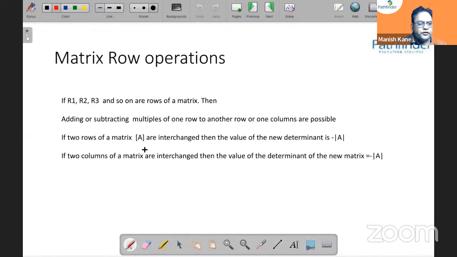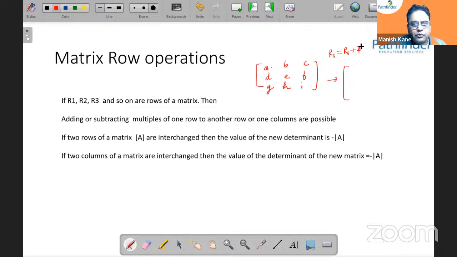Then row operations. Whenever you add or subtract multiples of a row or column to another row or column, the value of the matrix remains unchanged. For example, if I have a 3 by 3 matrix A, B, C, D, E, F, G, H, I, and suppose I perform the operation R1 equals R1 plus R2.